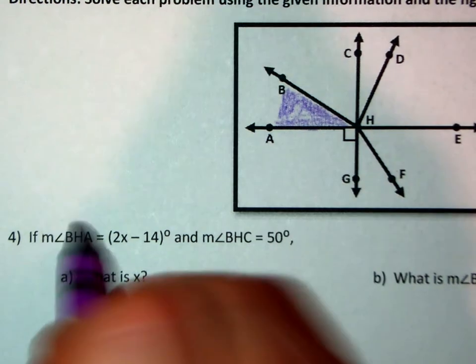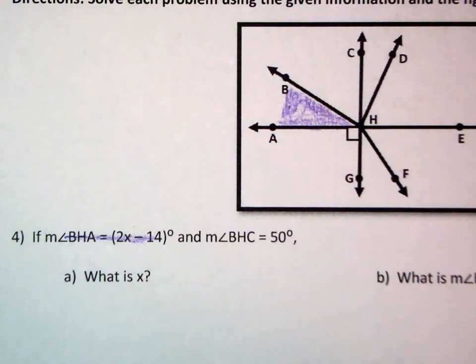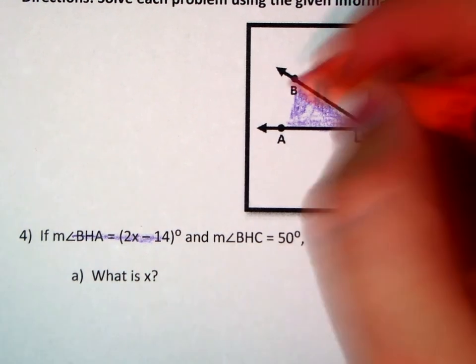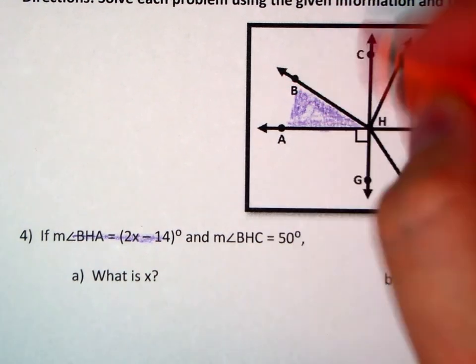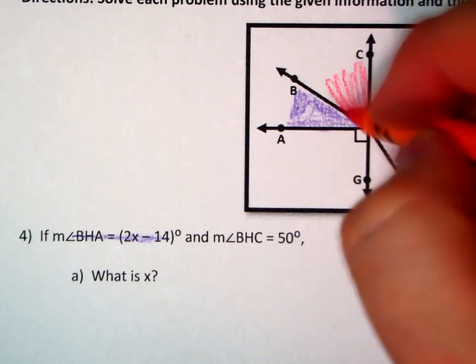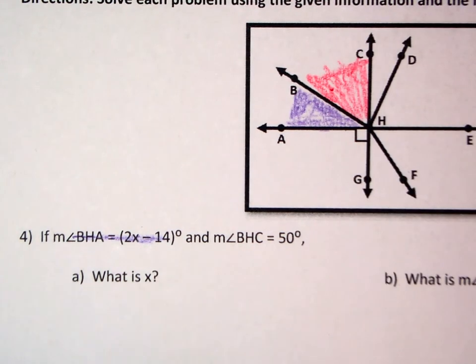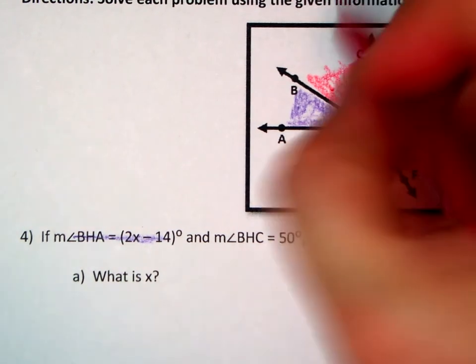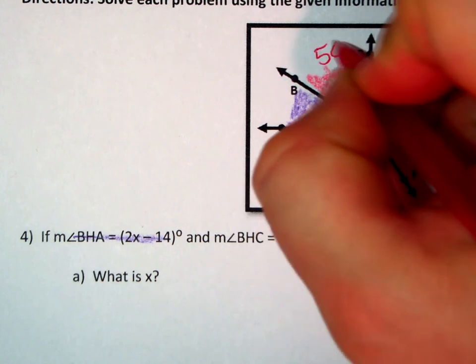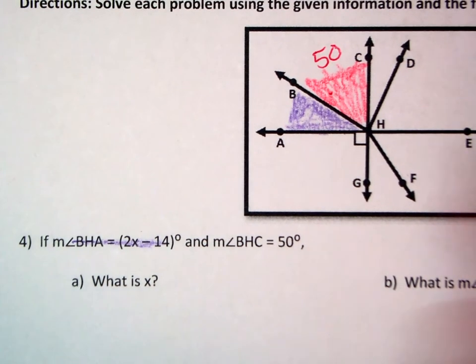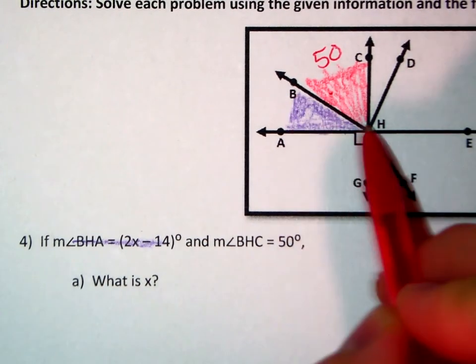So if BHA is equal to 2x minus 14 and BHC, should have done that in something other than a red color since I'm using a red pen, but we'll write up here. If BHC is equal to 50 degrees, what is the value of x and what is the value of BHA?